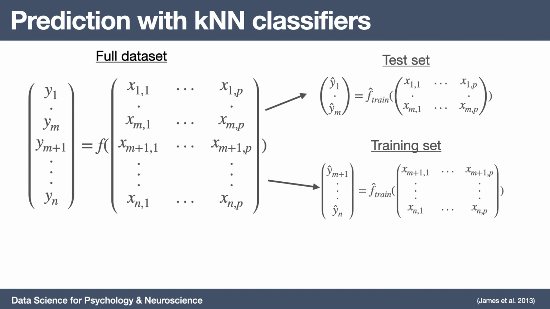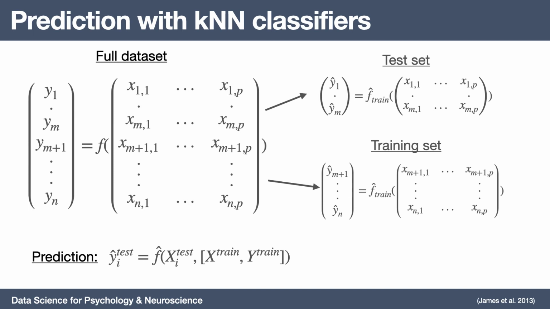Now, rather than learn parameters on, let's say, a regression model or an LDA weight to classify the test y's from some model trained on your training set, in kNN, your prediction is made by taking every test observation, so let's say yi in the test set, taking that row, and doing kNN based off of the training set.